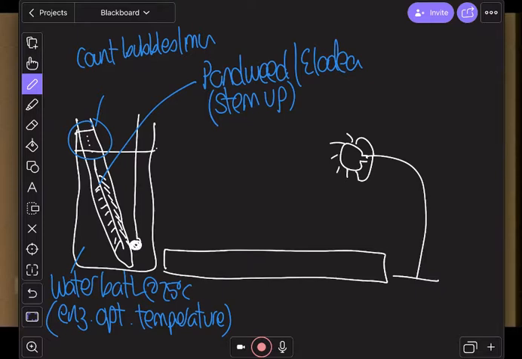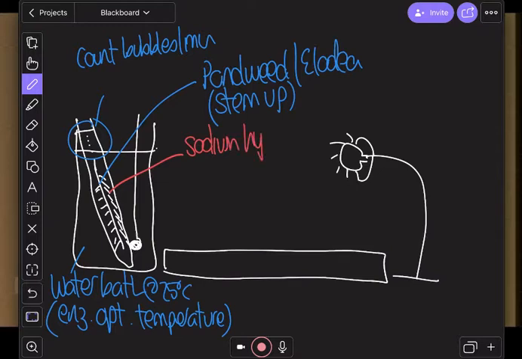Now the other addition that we make to this, I'm going to change the color of pen. In the video the gentleman said that they would use some of the pond water for the Elodea. In reality though, in the lab, I add sodium hydrogen carbonate.